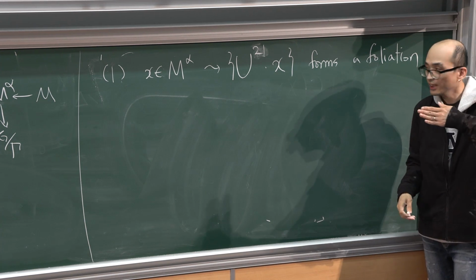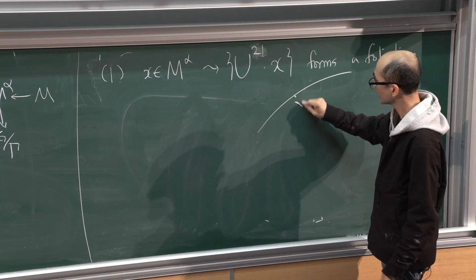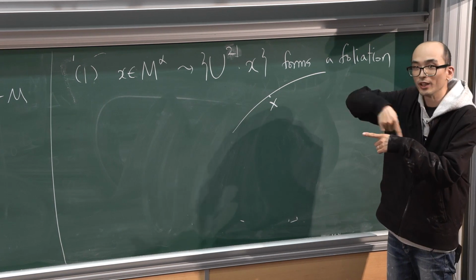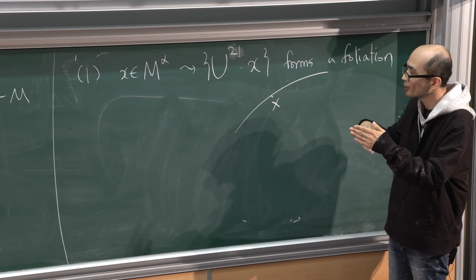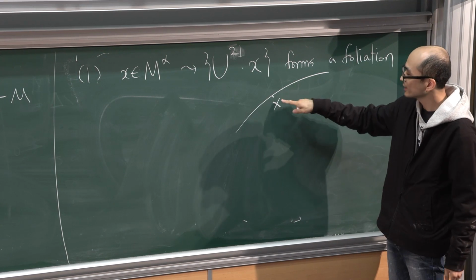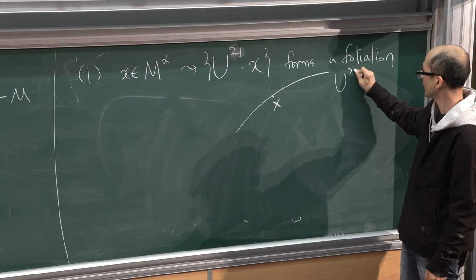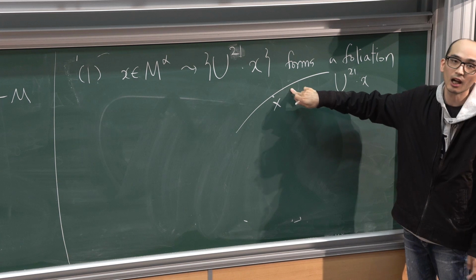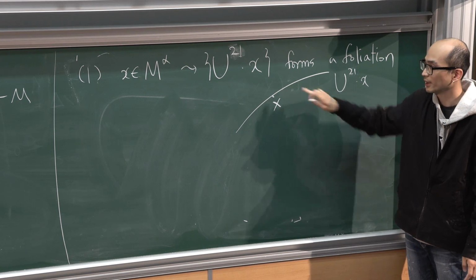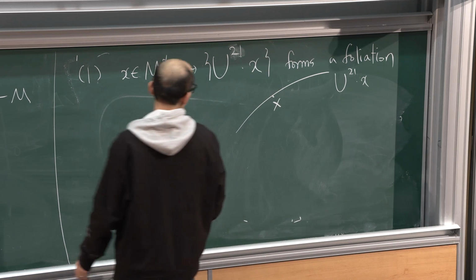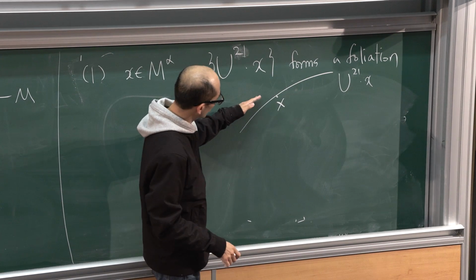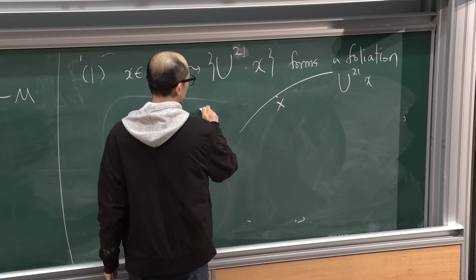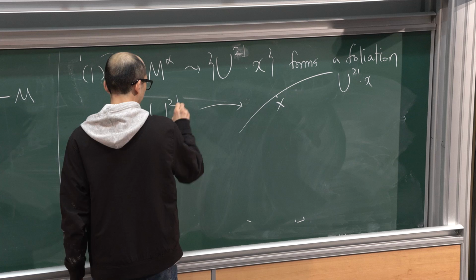And moreover, your leaves are very nice, right? So if you have x, of course, on the ambient space, this will be very weird. Your space of the orbit will be very, very weird. But at least the leaf itself is very nice. This is the C infinity leaf, which is basically R, immersed R, right? In M alpha. So this is the one thing. And then one good thing for this orbit foliation is that these are parameterized by U21, right?